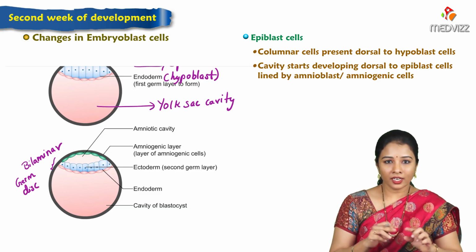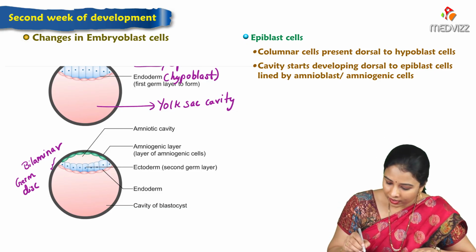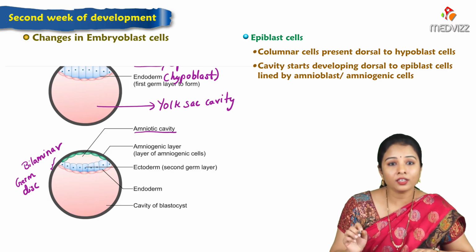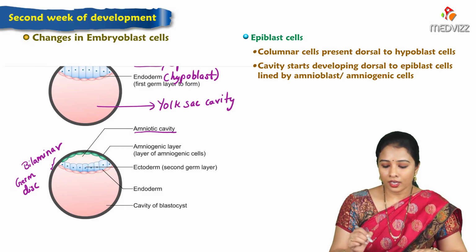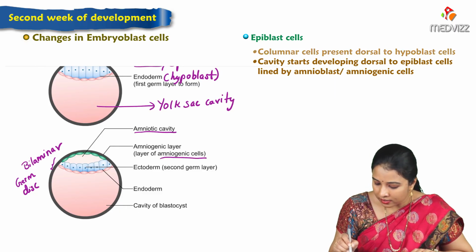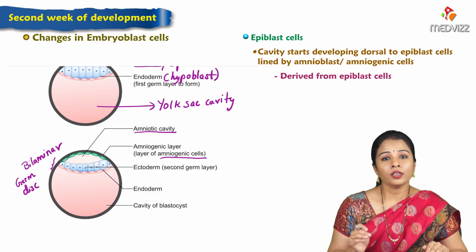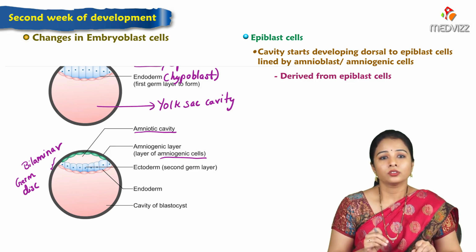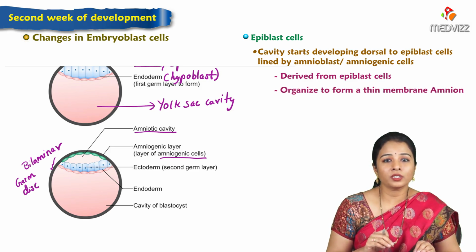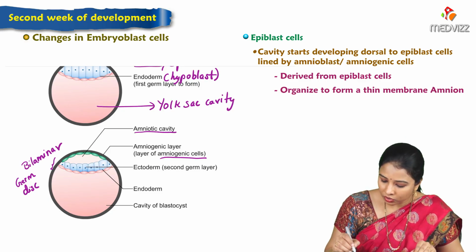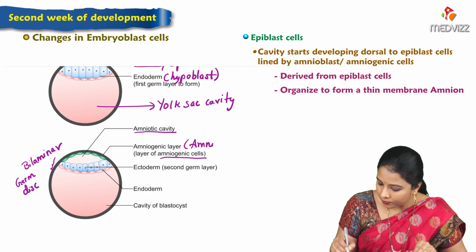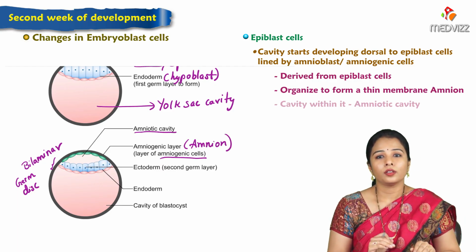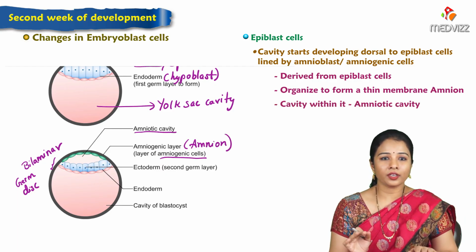So once they line the cavity, this cavity is called as amniotic cavity, and the cells which are lining are called as amniogenic cells, which are derived from the epiblast cells. So these cells organize to form a thin membrane later, which is called as amnion or amniogenic layer. The cavity within it is the amniotic cavity.